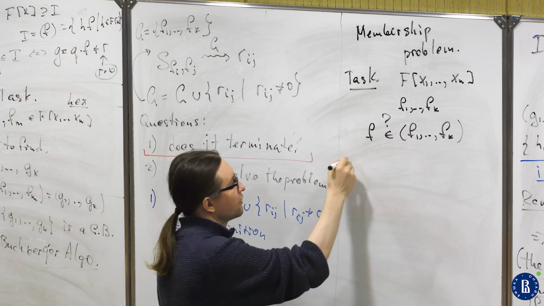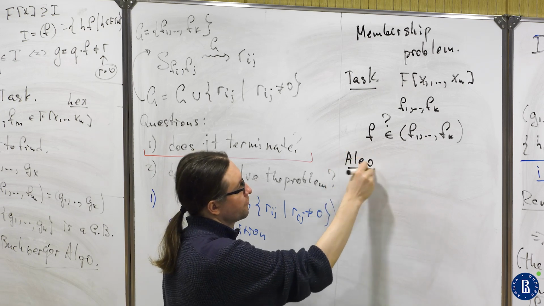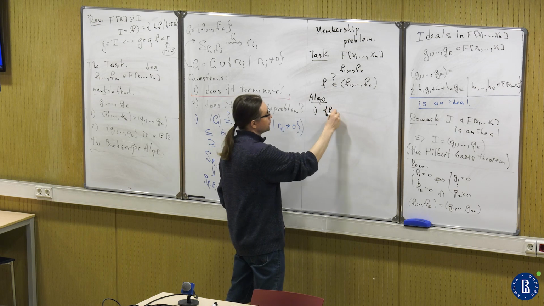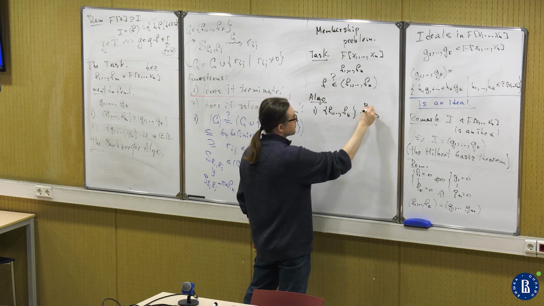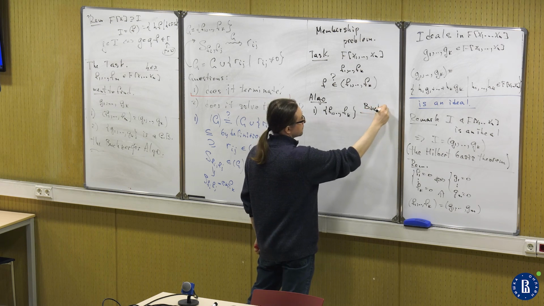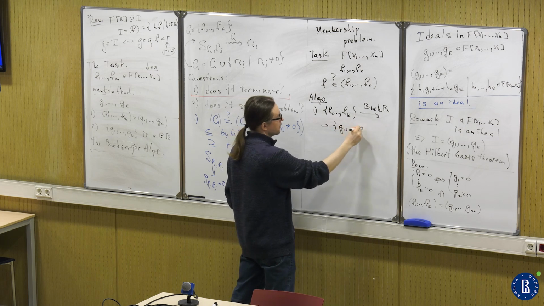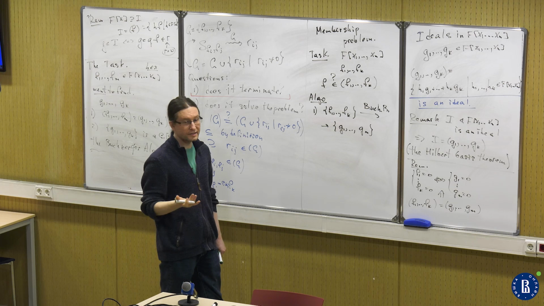Here is the algorithm to solve this issue. First of all, we take the set of generators and apply the Buchberger algorithm, and we will get a Gröbner basis generating the same ideal.